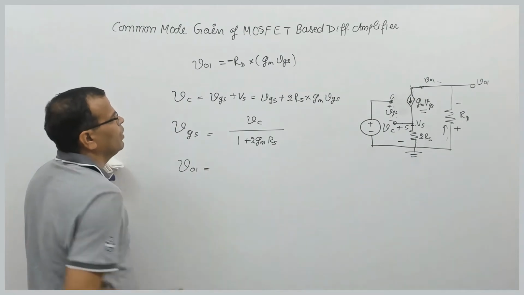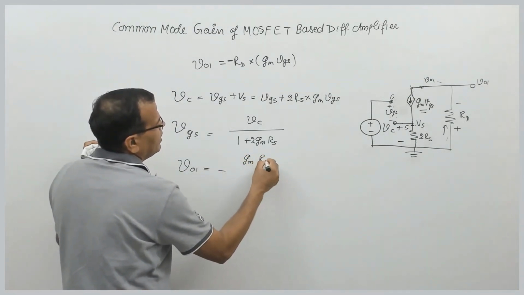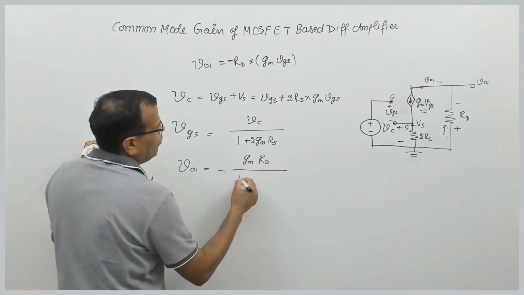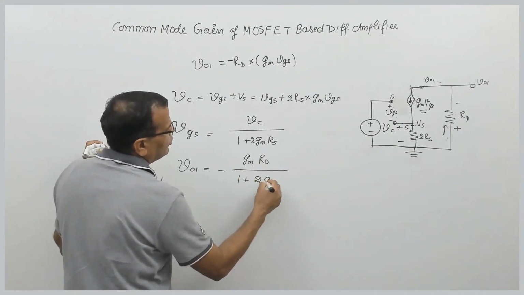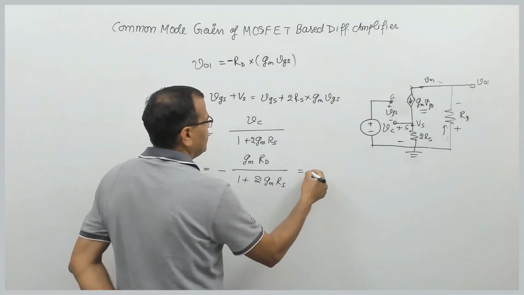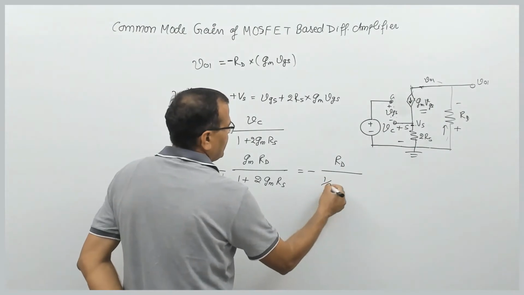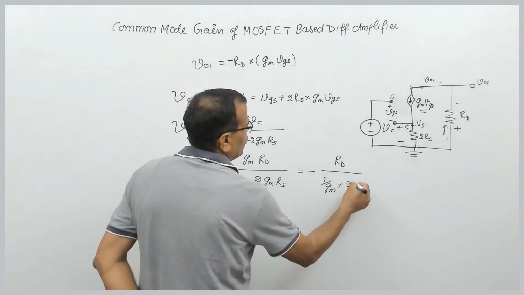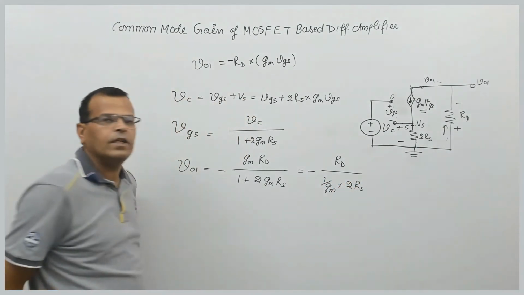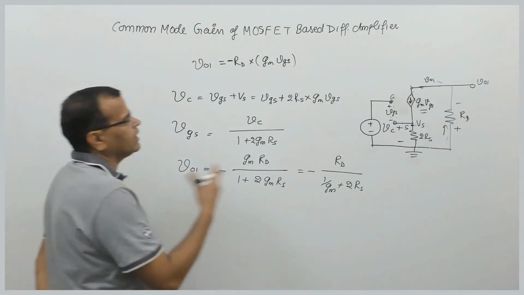V01 will be equal to minus GM into RD divided by 1 plus twice GM into RS, or this can be written like this, minus RD divided by 1 by GM plus twice RS. That's it. This is the expression for V01.